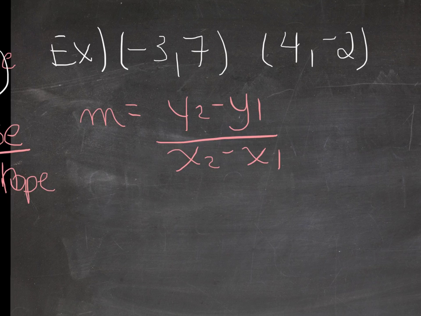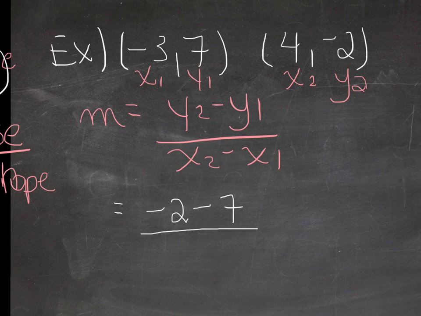If it helps you, you can label your points as x1, y1 and x2, y2. And then I just substitute them in. So y2 is negative 2 minus y1, which is 7, over x2, which is 4, minus x1, which is negative 3.